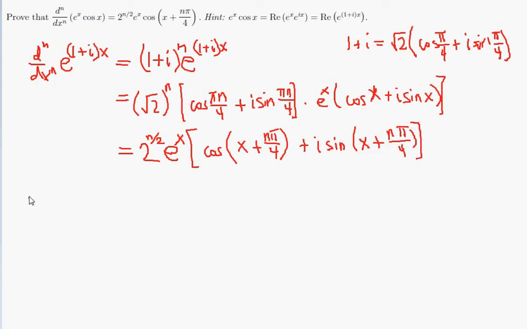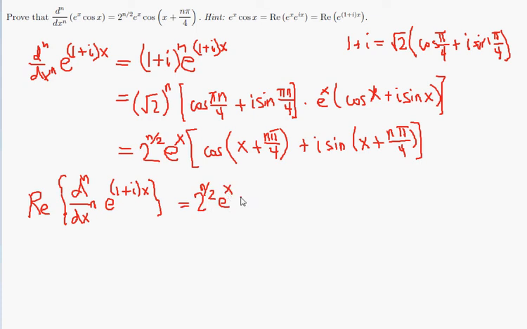And therefore, the real part of this nth derivative is going to be the real part of the right-hand side, everything except the sine term.